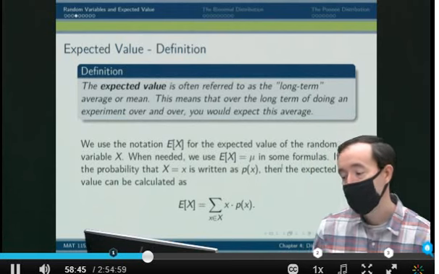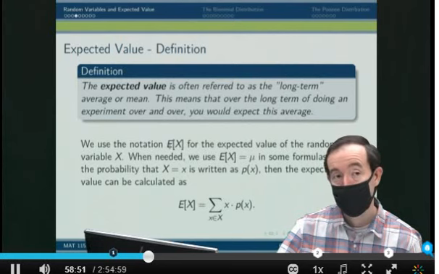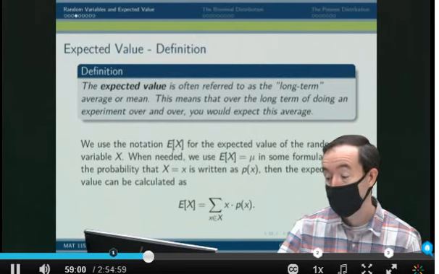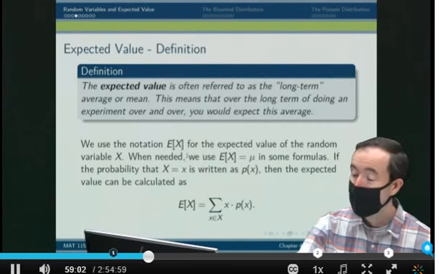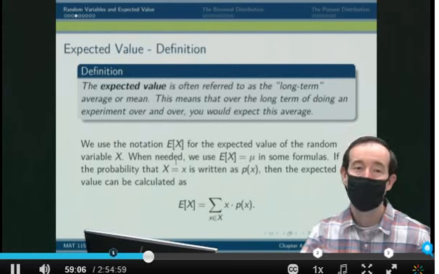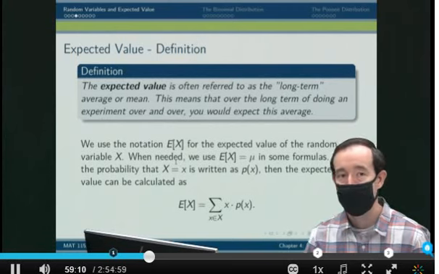So the notation we use for that is capital E, and then the x is inside of brackets, so this would be the expected value of the random variable x. If it was a different variable, I would say the expected value of the random variable y, and so on. So this is just like function notation. Occasionally, if I have a formula that has to use E of x in it, that can get really tedious to try to read with all the nested parentheses and brackets and so on.